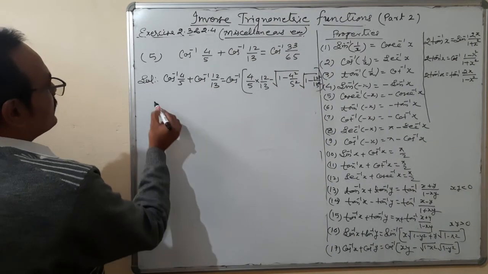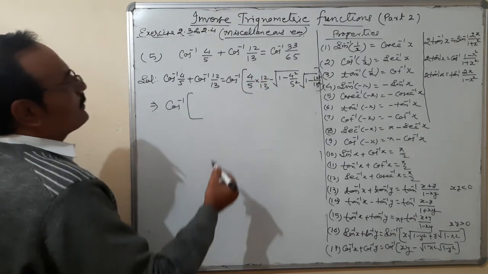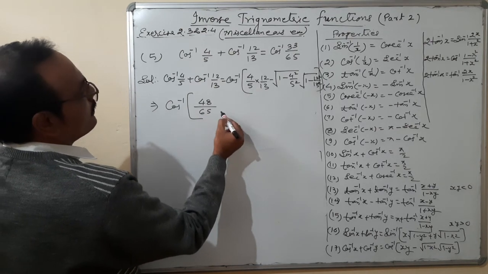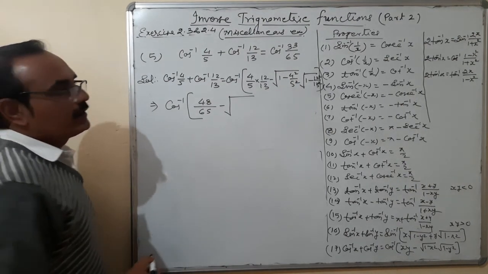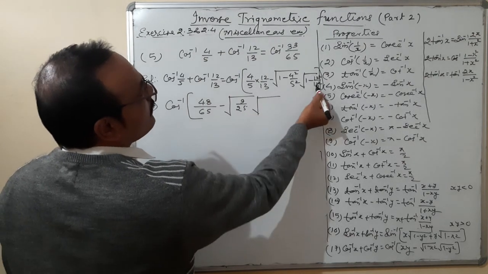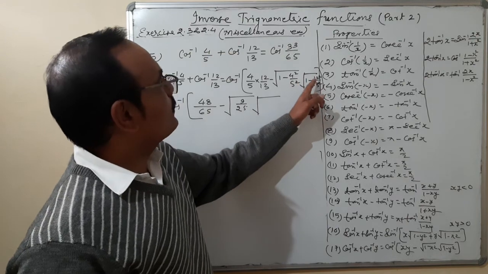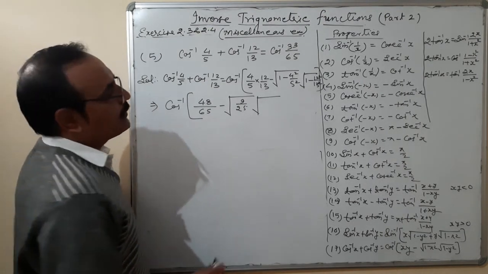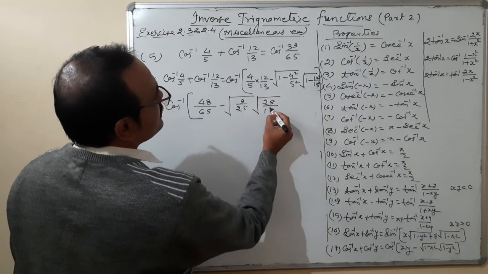That means cos inverse, multiply these two, 12 fours are 48 upon 5 thirteens are 65, minus under root 25 minus 16, 9, so 9 upon 25, and for 12 upon 13, 13 into 13 is 169, 169 minus 144, 25, so it is coming 25 upon 169.